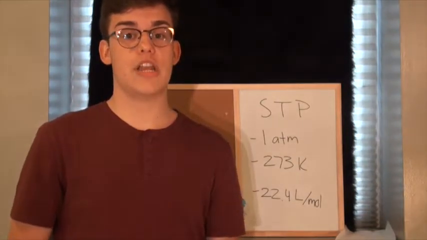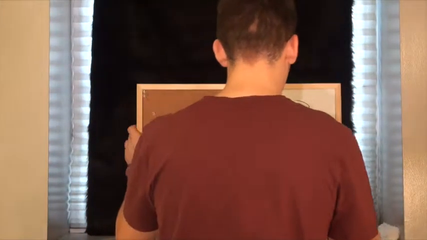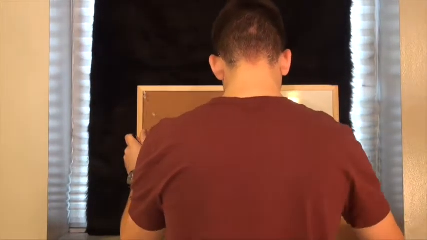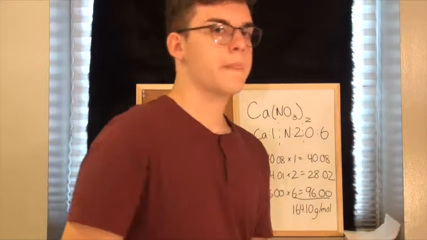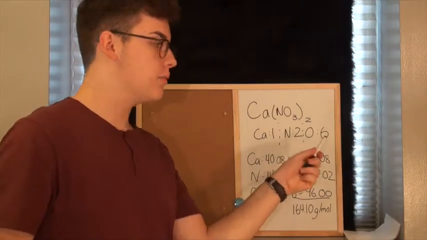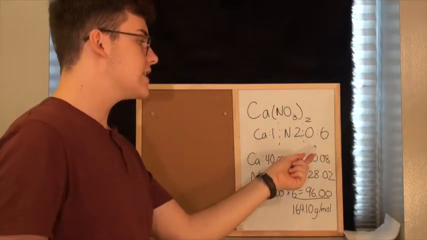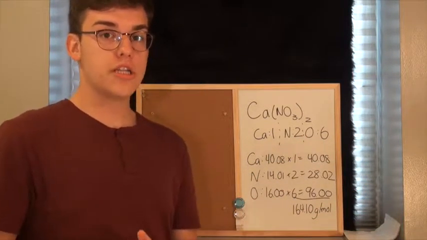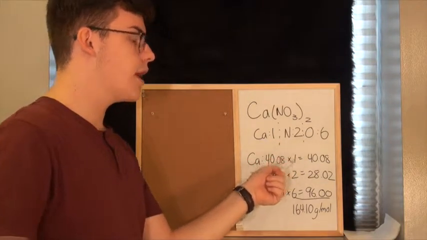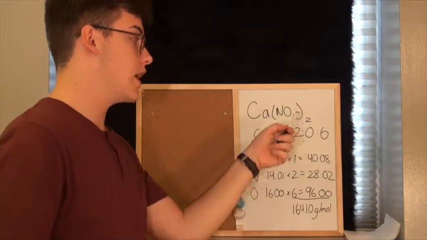Let's take calcium nitrate for an example. Okay, so in calcium nitrate, you have 1 calcium atom, 2 nitrogen atoms, and 6 oxygen atoms. So all you need to do is take the molar mass of each element and multiply it by the amount of atoms in a compound.